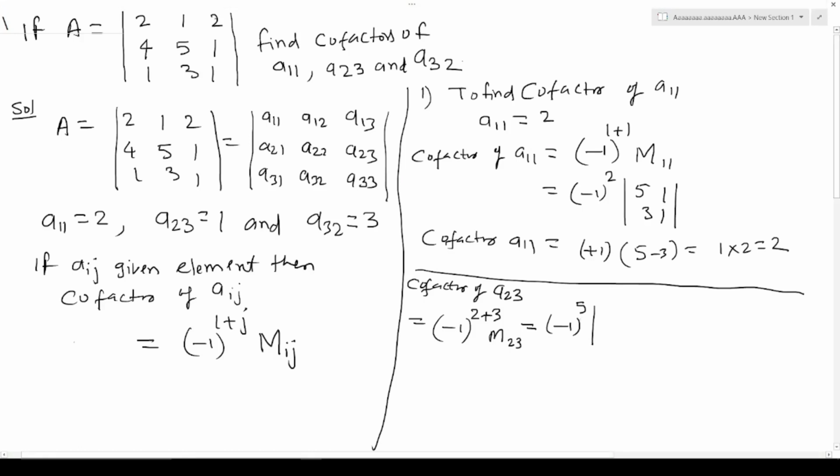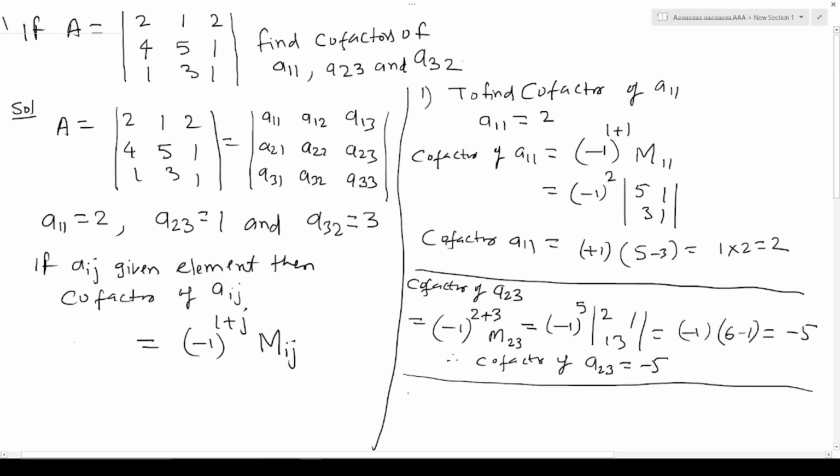That is, omitting this column and omitting this row, what are left? [[2,1],[1,3]] equals minus multiplied by 6 minus 1 equals minus 5. Therefore the cofactor of A23 equals minus 5.